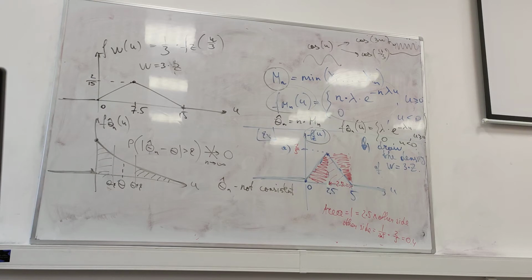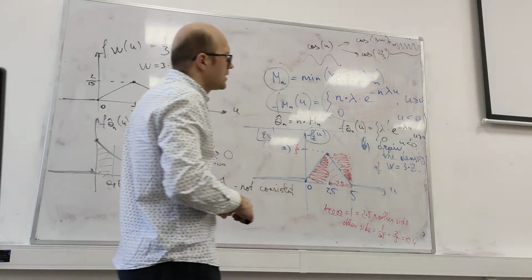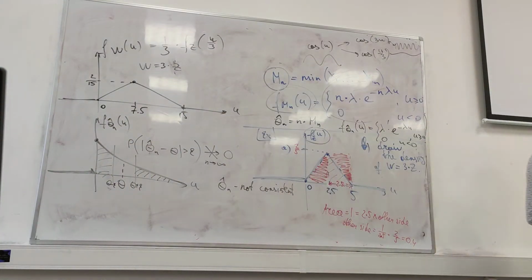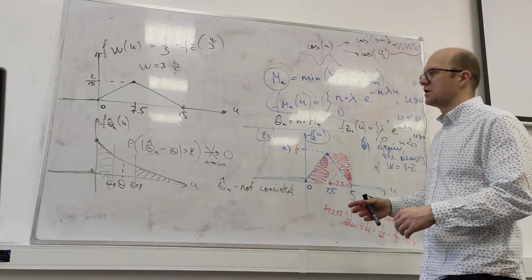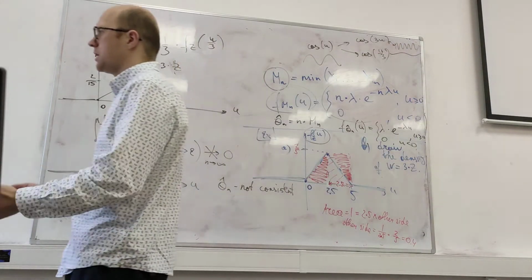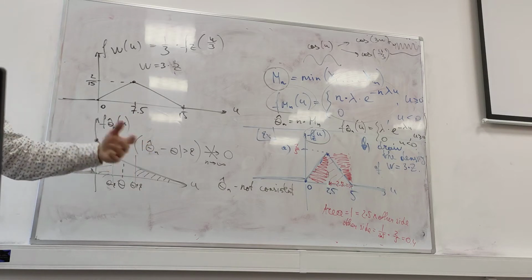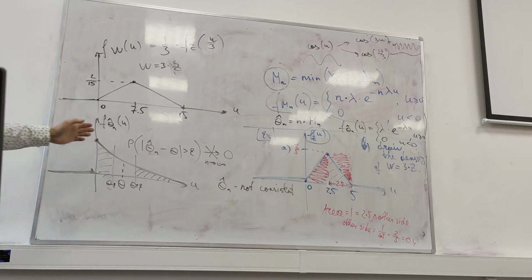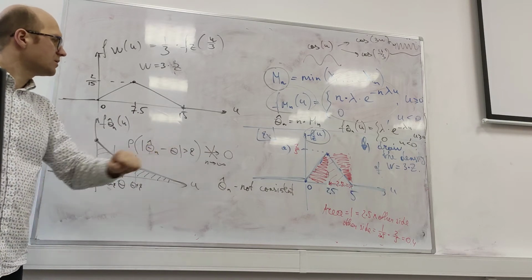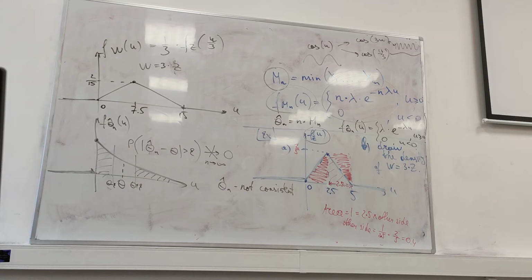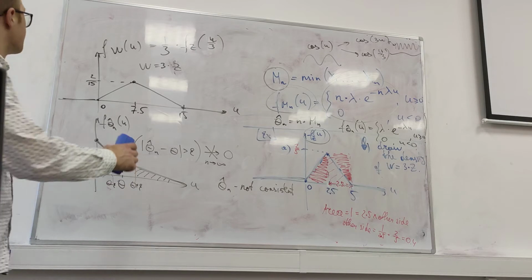So I'm not working with infinity. I just take a particular value of n and increase it by 1. Nothing changes. The probability is constant. Increase it by 1 again, nothing changes. So when I increase up to infinity, nothing changes. The probability of making an error will not decrease. Okay, let's move on.